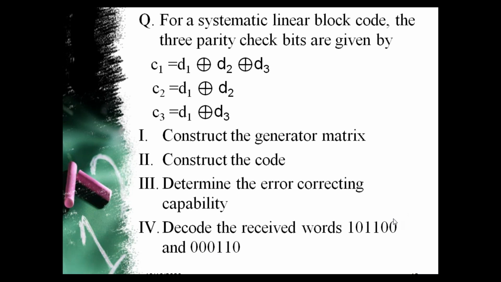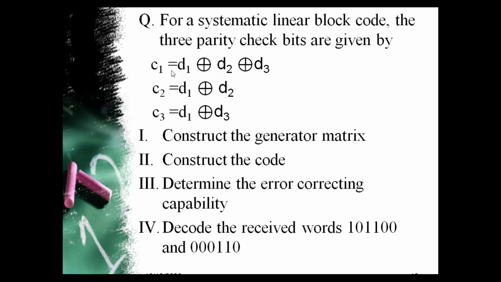Two words are given. You will have to decode the received words, identify whether any error has occurred or not, and if an error has occurred and it is within the error correcting capability of the code, correct that particular error.